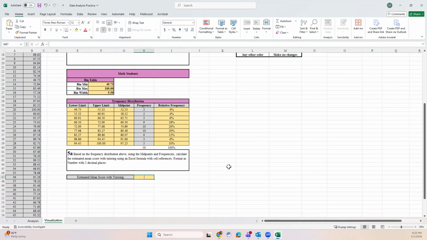So we're going to do equal sum. When I do this, you'll notice that there's lots of different types of sums. One of them is a sum product. This means sum multiplication, so multiplication and add. So we're going to click on that. And then it says array one. So I'm going to do midpoint. I can do frequency first, it really doesn't matter.